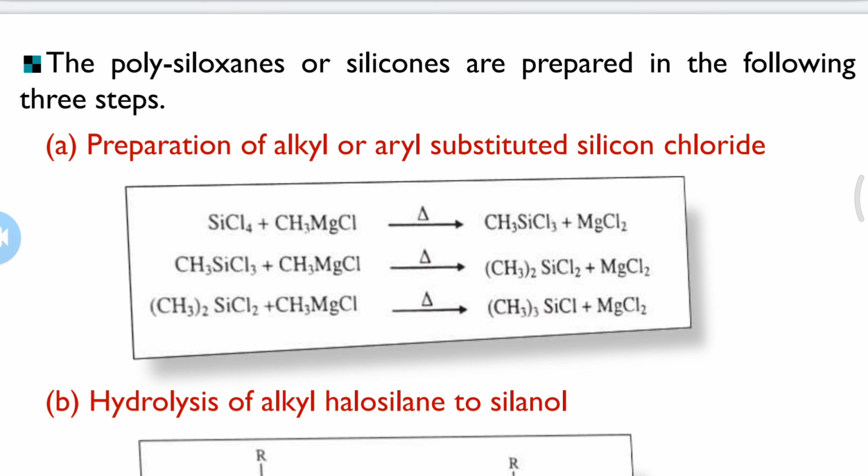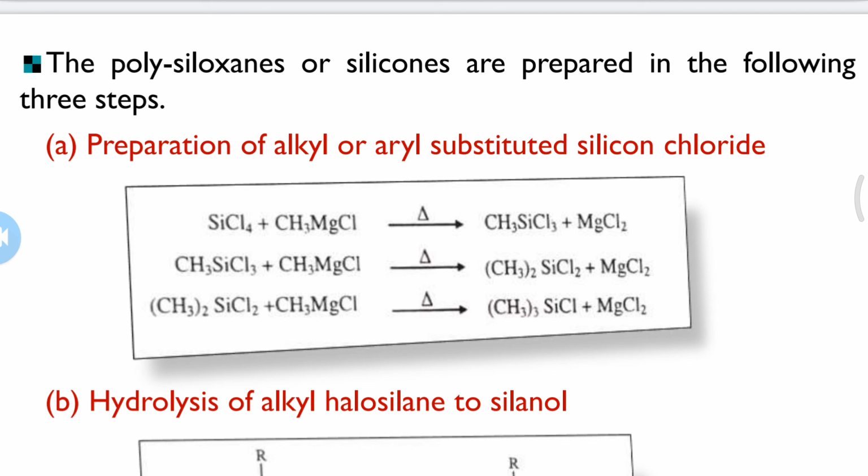Silicon tetrachloride reacts with Grignard's reagent like CH3MgCl, heated, to form CH3SiCl3, that is alkyl silicon chloride, prepared using Grignard's reagent methyl magnesium chloride treated with tetrachlorosilane to form methyl silyl chloride in this first reaction.